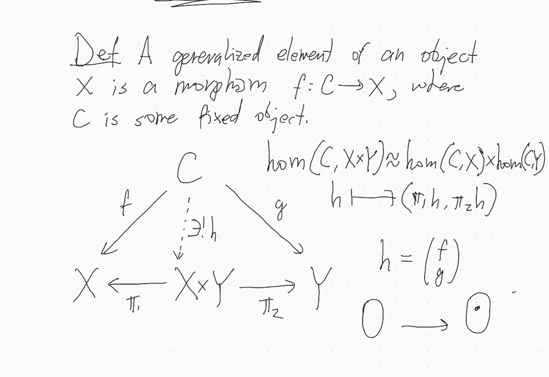And that's exactly what we're saying in this condition, right? We're saying that for anything in the codomain, and in the codomain, the things we've got are pairs of morphisms, right? So for any F and G, from C to X and from C to Y, there is a unique H such that pi1 H equals F and pi2 H equals G.